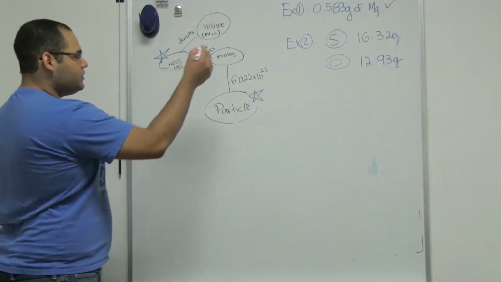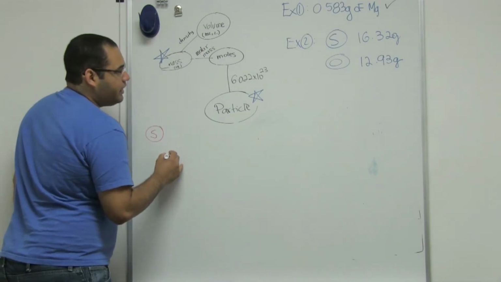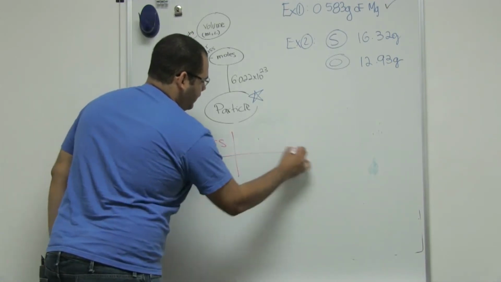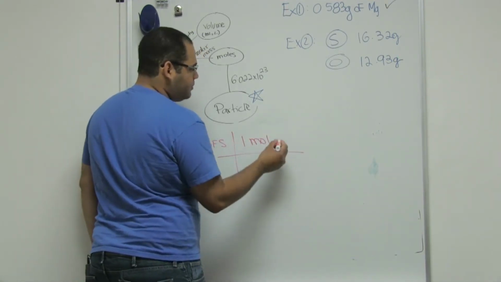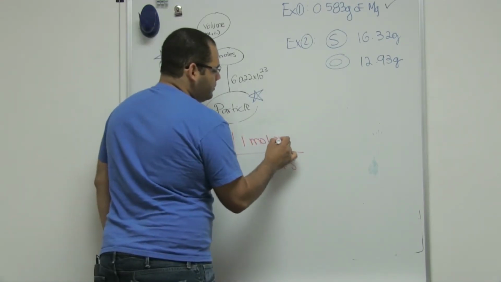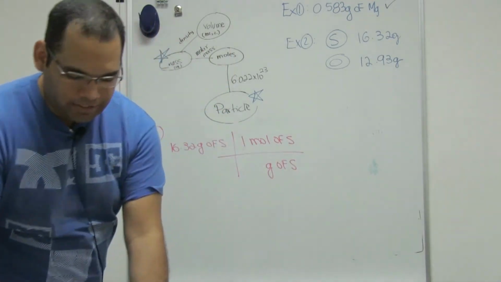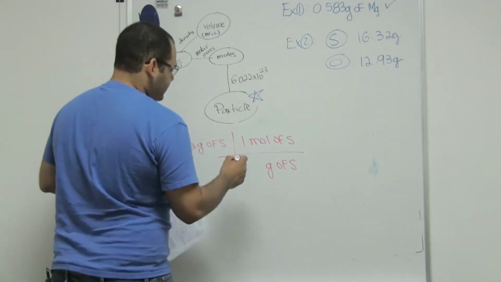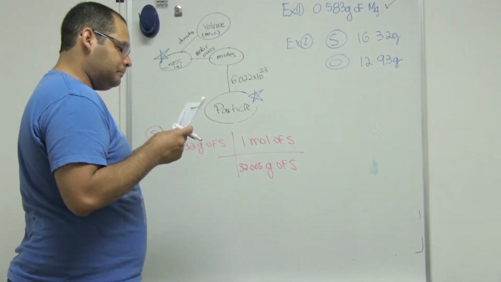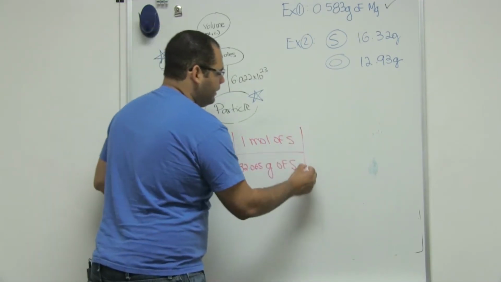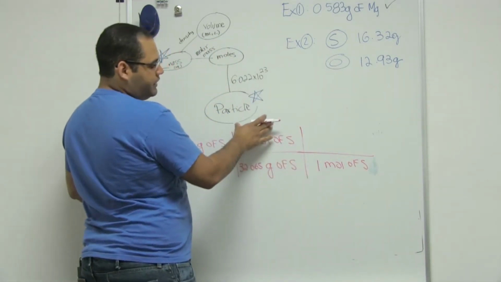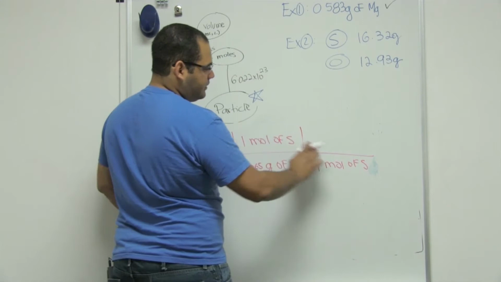So I'm here in mass. I start with sulfur. I have 16.32 grams of sulfur, and I go from grams to moles. So grams need to be in the bottom and moles in the top. I look at my periodic table, and I know that the mass is 32.065. Then I place the moles in the bottom, because the moles is in the numerator here, so it goes to the denominator and we can cancel them out.